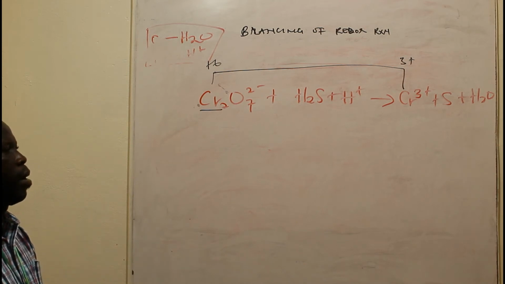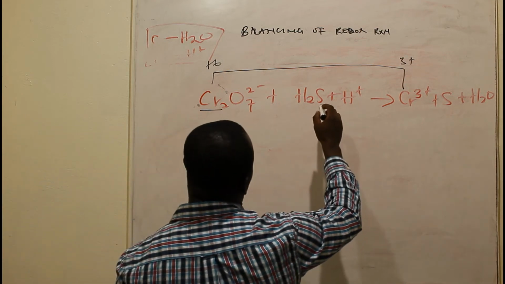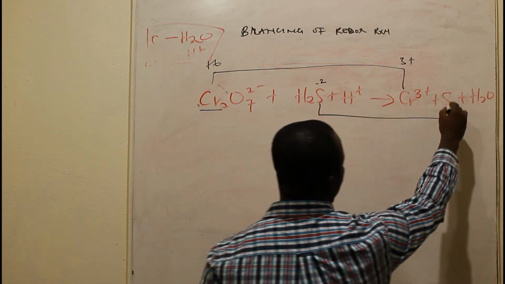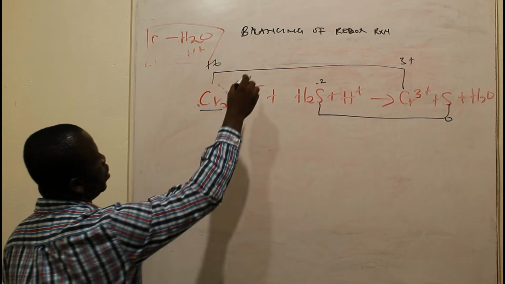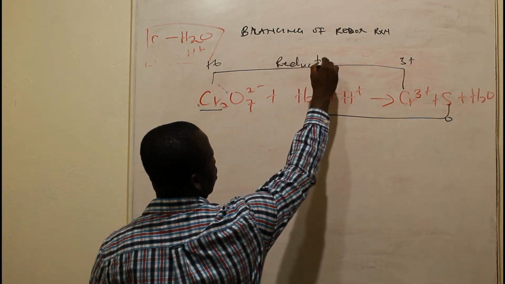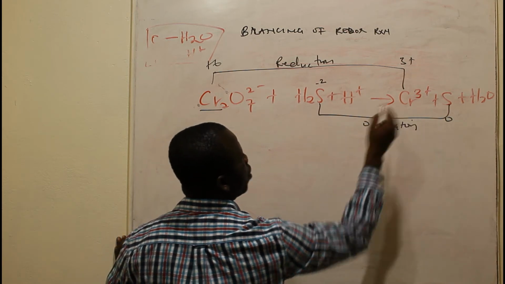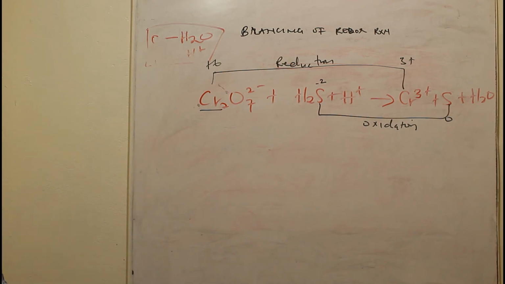That of the sulfur goes from -2 to 0. So in effect, this is reduction and this is oxidation. From -2 to 0 has been increased.